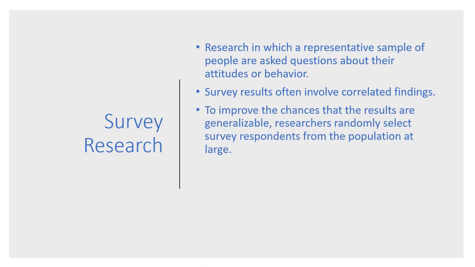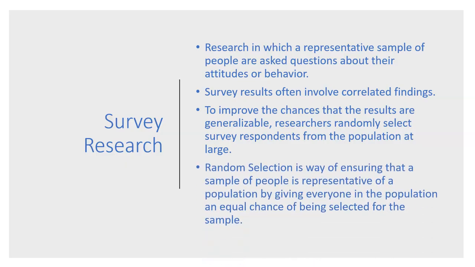If you want your results to be generalizable to a large population, there are lots of rules about how you get a generalizable sample. Ideally, we want to randomly select people to respond to our surveys from the population at large. Easier said than done. As a survey researcher, I can tell you that. It's very, very hard to get random samples that are really representative of the populations we're interested in.